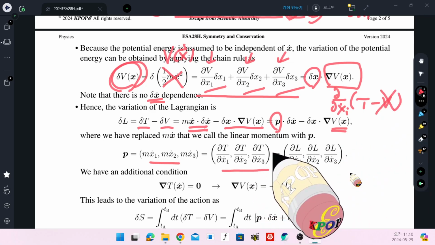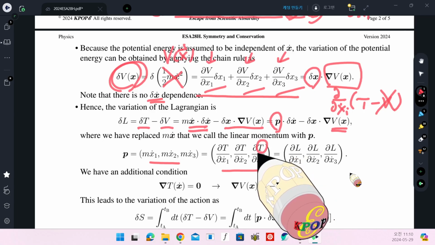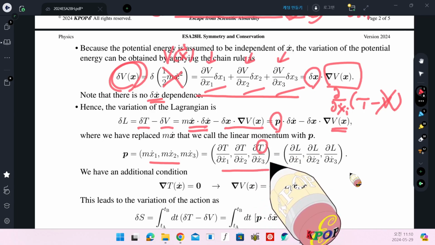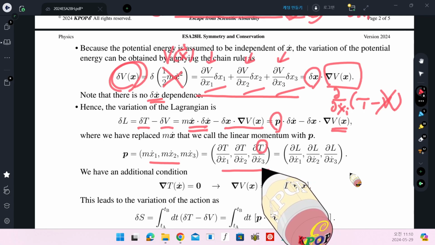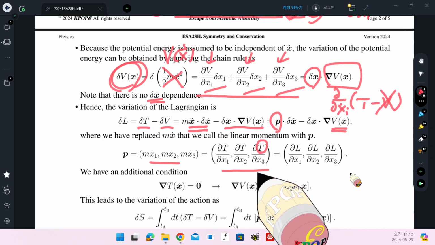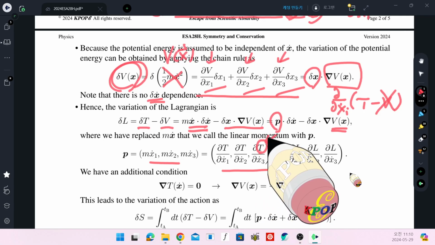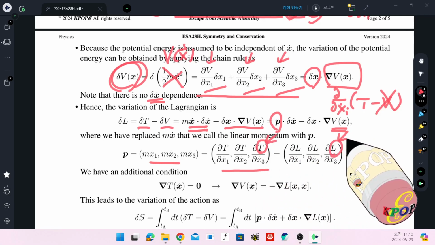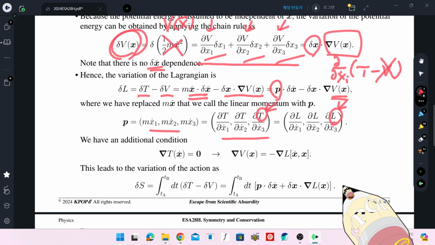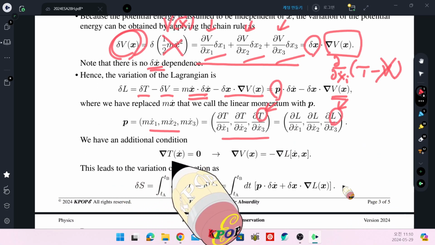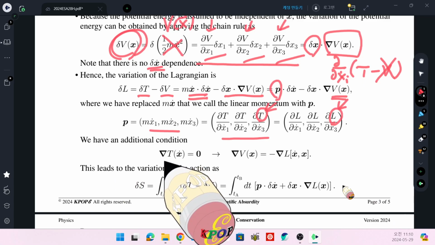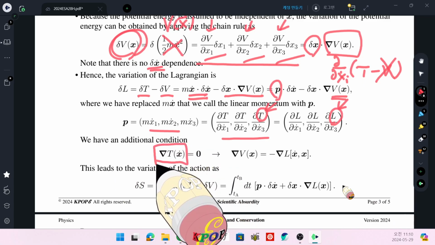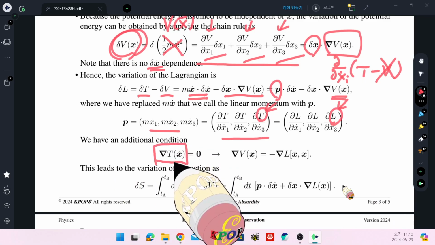Therefore, the partial derivative with respect to the velocity is the same for both the kinetic energy and the Lagrangian. As a result, we have an additional condition. The gradient of the kinetic energy is also 0.